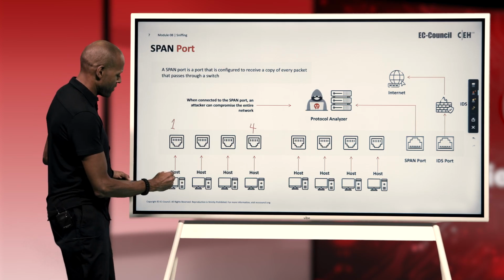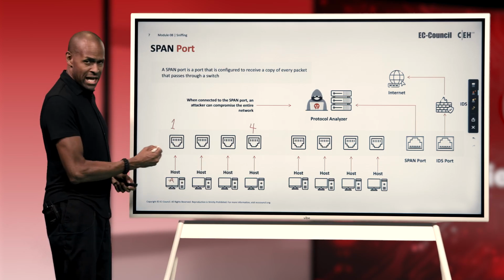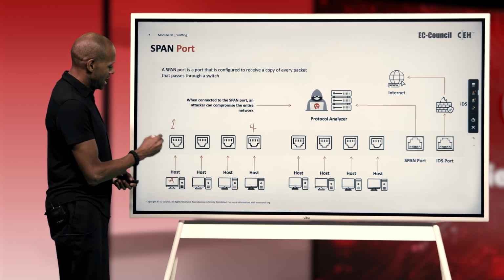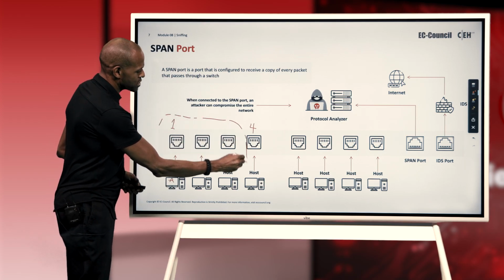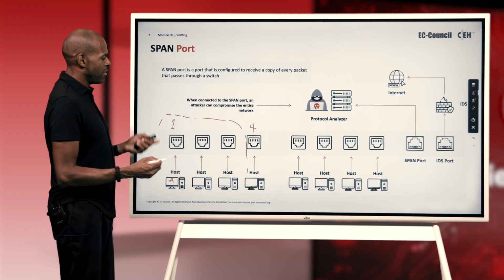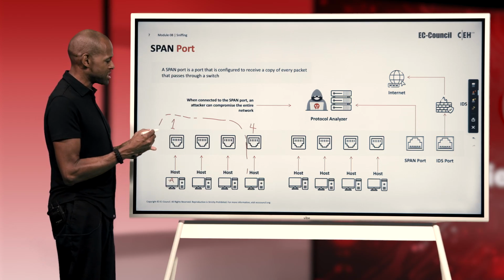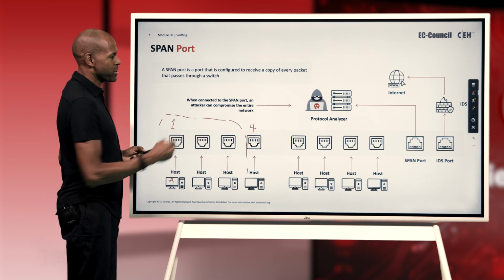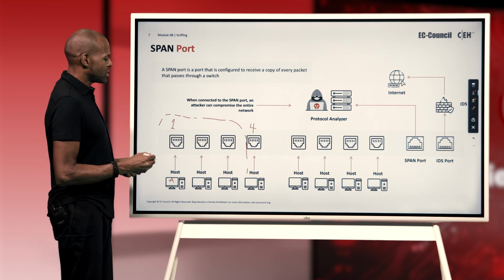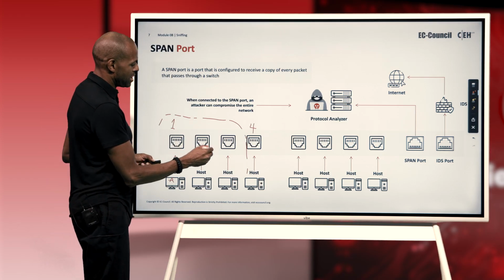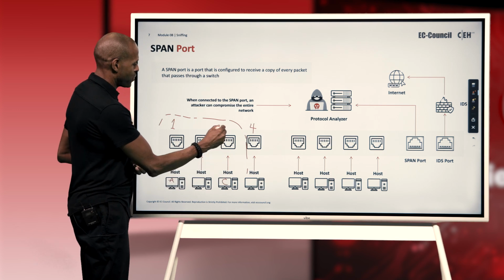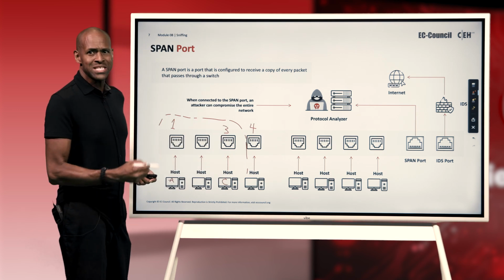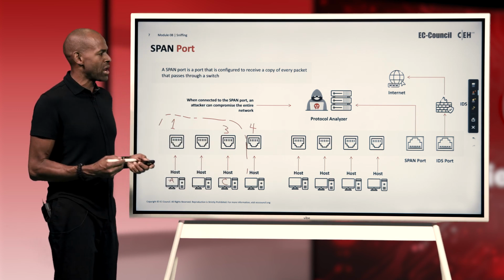So if I have a host that's connected to port 1 and it sends communication over to the host on port 4, that communication is switched. It doesn't touch any of the other ports at all. So if I am the attacker and I'm plugged into port 3, I will not see any of that traffic at all.